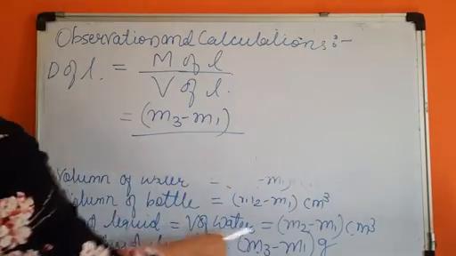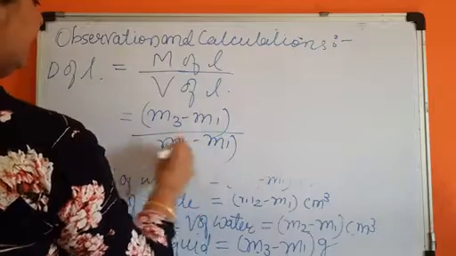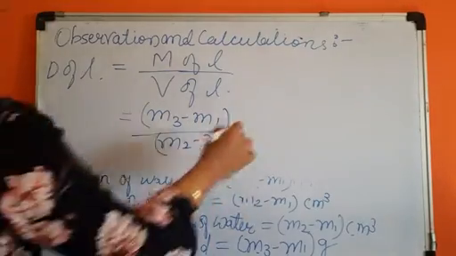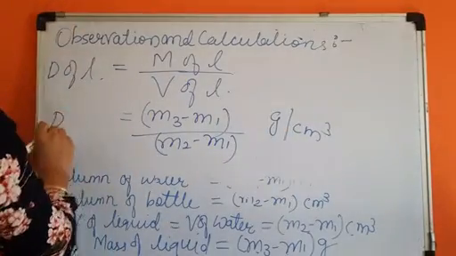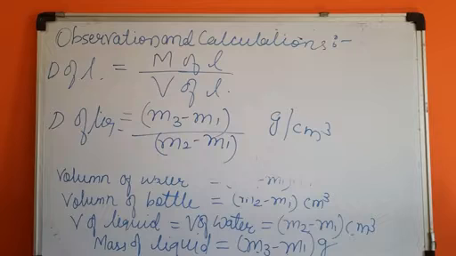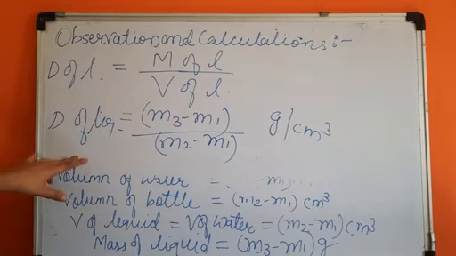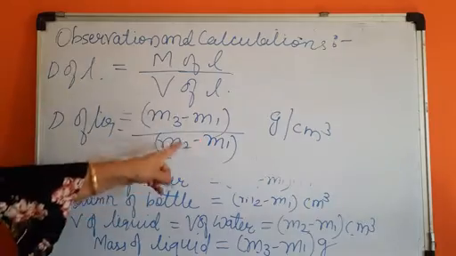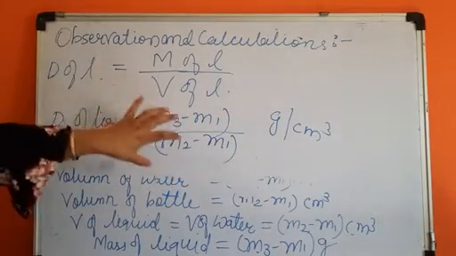Volume of the liquid is m2 minus m1 centimeter cube. The unit will be gram per centimeter cube. What is this? Density of the given liquid. The final formula we are getting: density of liquid equals m3 minus m1 upon m2 minus m1 gram per centimeter cube. This formula you have to learn.